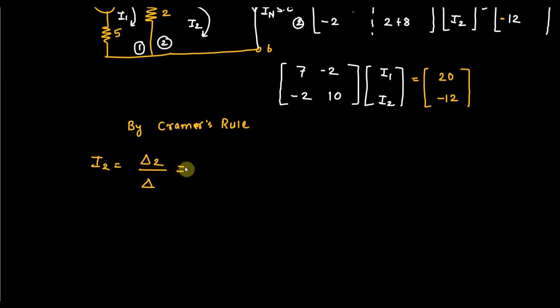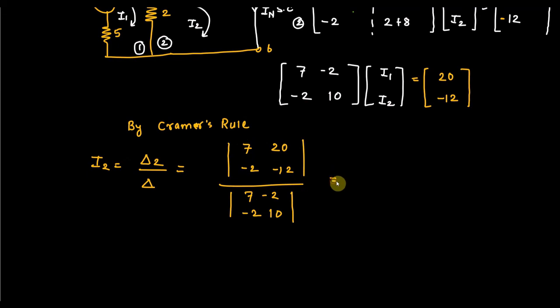So how do you write delta 2? Just replace the second column of the impedance matrix by the voltage matrix. So this is 7, minus 2, 20, minus 12, divided by 7, minus 2, minus 2, 10.